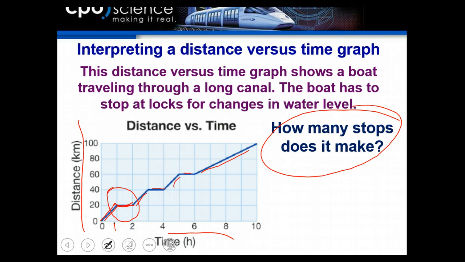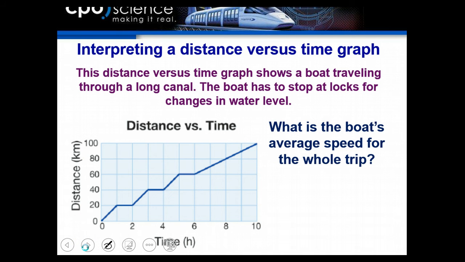Okay, and then this flat part means that you stayed at 40 kilometers from 3 hours to 4 hours. So these flat parts, the straight parts that are flat, that is a stop. And so how many stops did we make? We made 3 stops. Okay. So the upward angled parts are where you're changing position, you're going forward, and then the flat parts are stops.